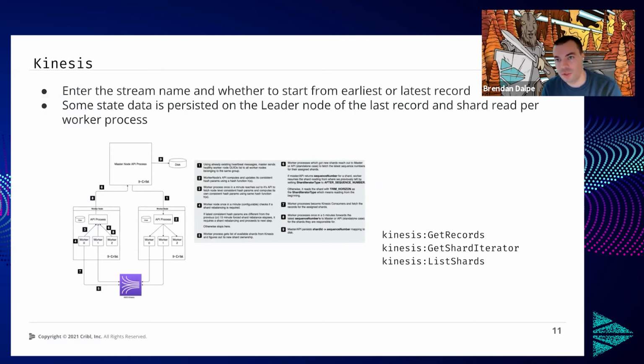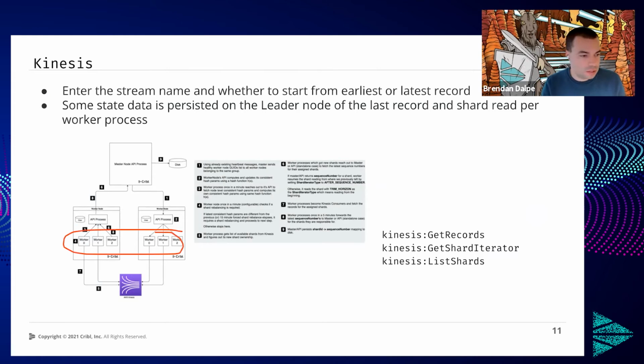With that too, there is actually some data that's persisted on the leader itself. I won't bore you with all of the details on that, but that is the last record and the shard info per worker process. On an interval, the leader or the workers themselves will shuffle or rebalance the shards that are being read from inside the worker group.